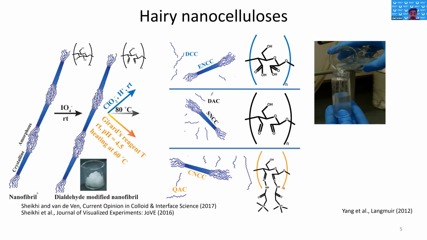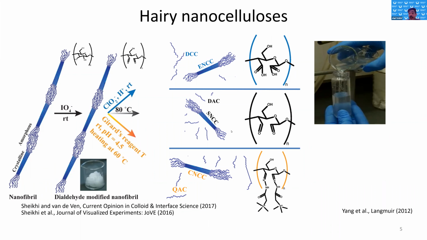And then we use the dialdehyde modified cellulose as an intermediate, whether to further oxidize it with chlorite to convert the dialdehyde groups to dicarboxylate and form anionic hairy nanocellulose, also called electrosterically stabilized nanocrystalline cellulose, because they're both sterically and electrostatically stabilized.